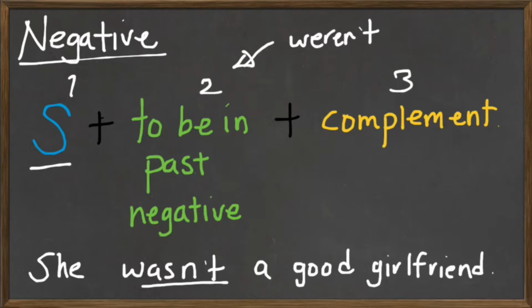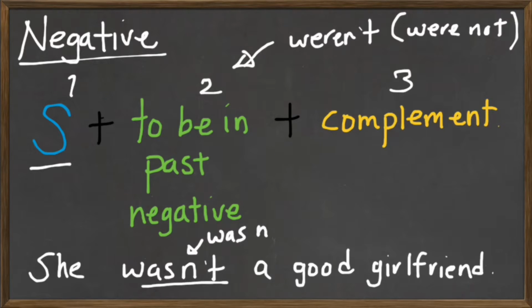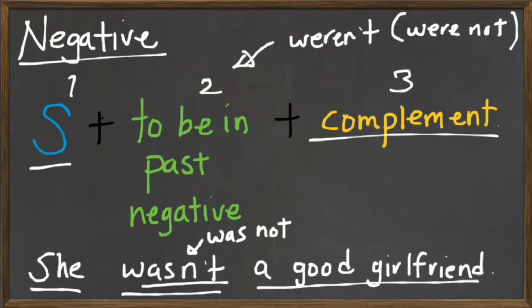And don't forget also that weren't means were not, and wasn't means was not. However, when you speak and when you express yourself in English, you will want to use wasn't and weren't. And finally, the complement. Example: she wasn't a good girlfriend.